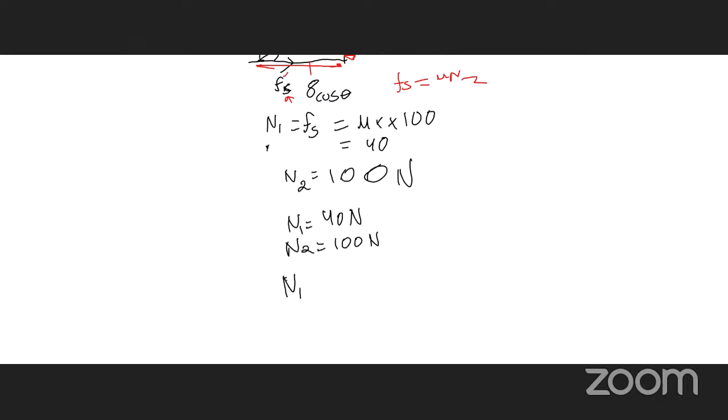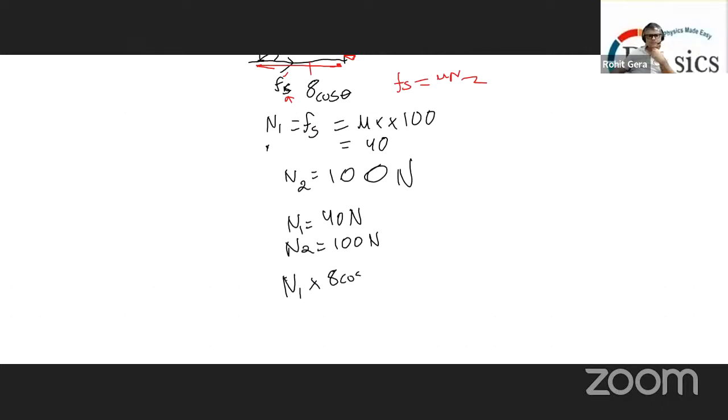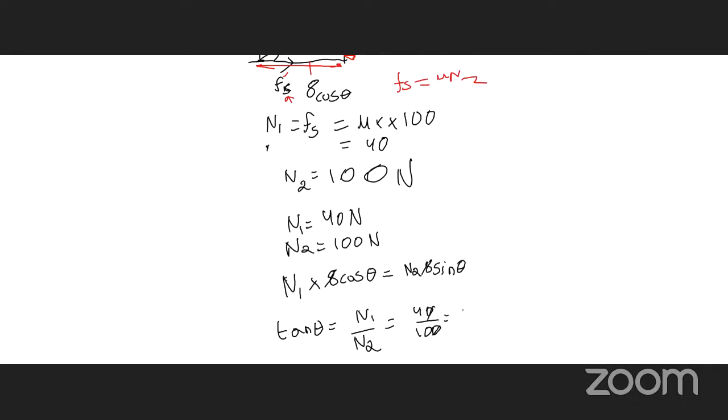So N1 into 8 cos theta. So 0.4 is coming, 10.